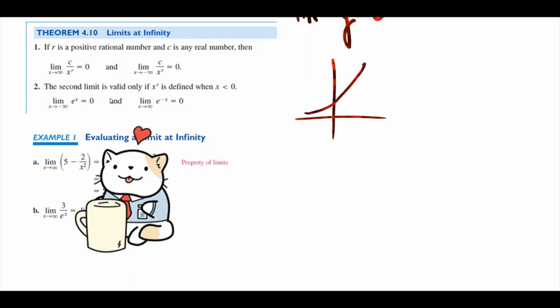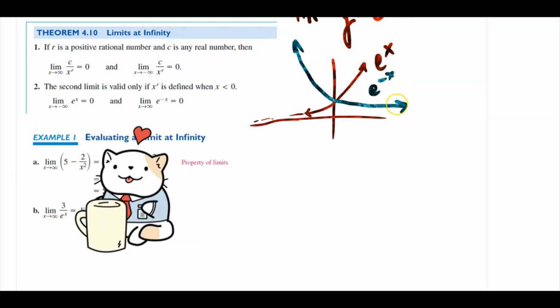E to the x, because e is just a number. It's 2.718 or something. But if we're looking this way, we are getting closer and closer to 0. And similarly, this is e to the x, and then we have e to the negative x, which is just reflecting that guy that we just did. E to the negative x.